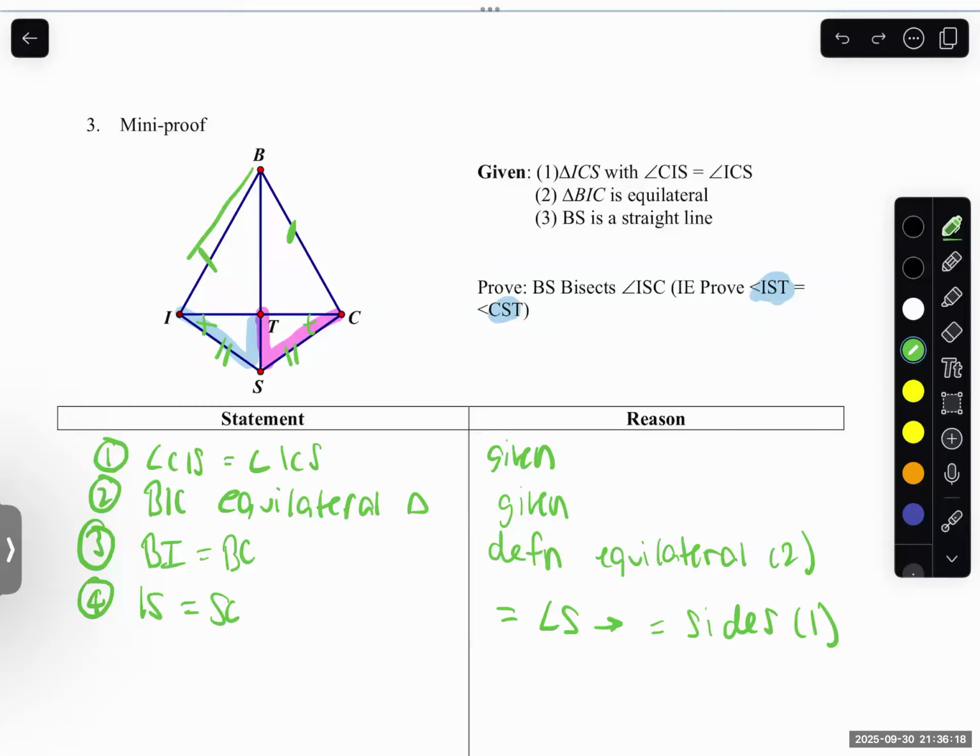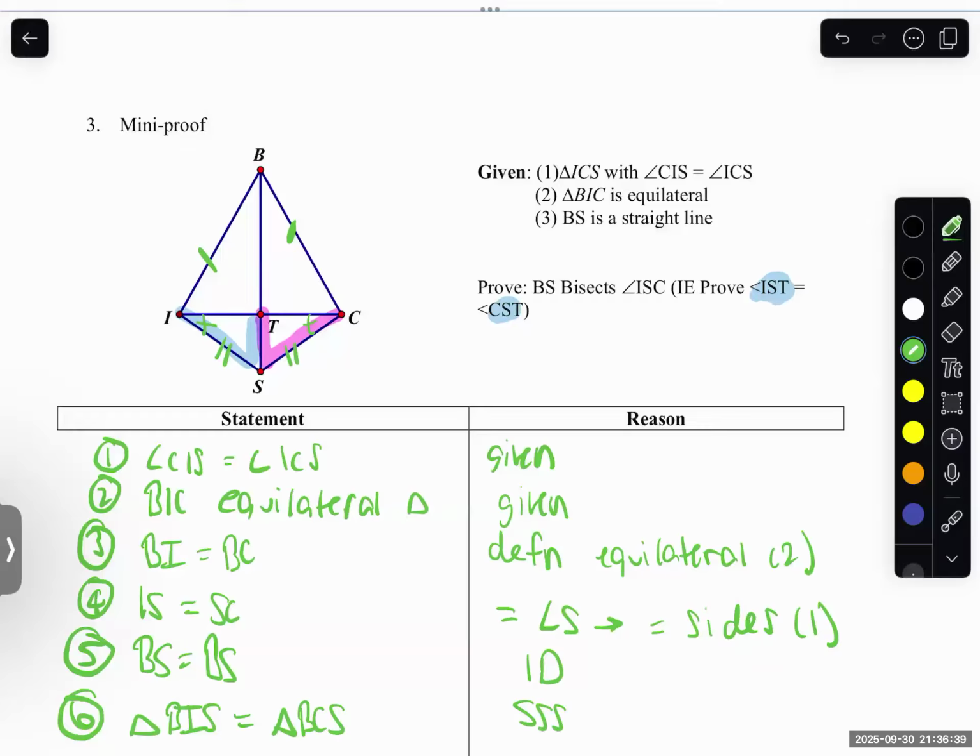So if I prove that this triangle right here is equal to this triangle right here, I get to say, and once I ID BS, that triangle BIS is equal to BCS by SSS, lines 3, 4, and 5.